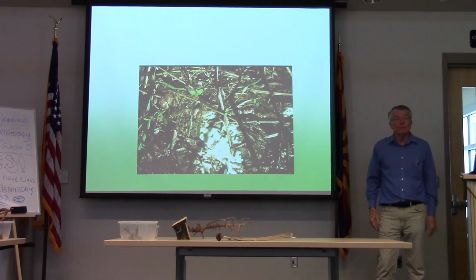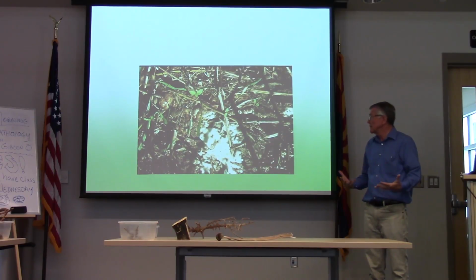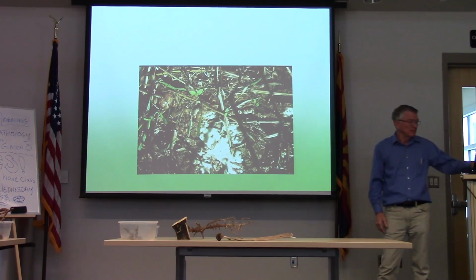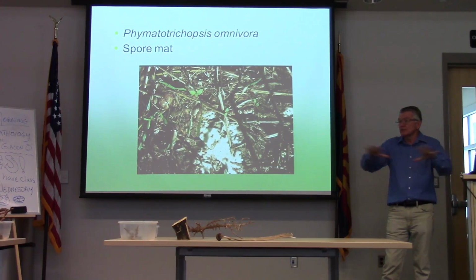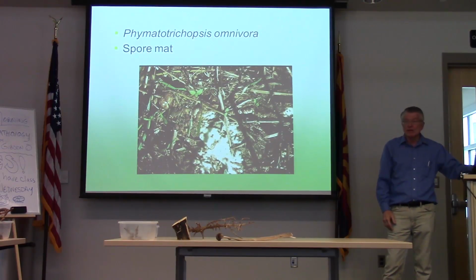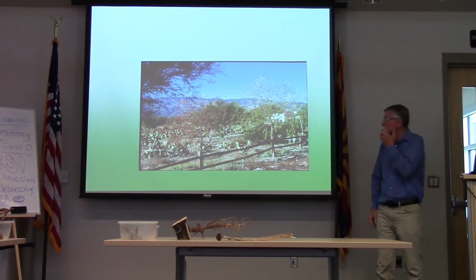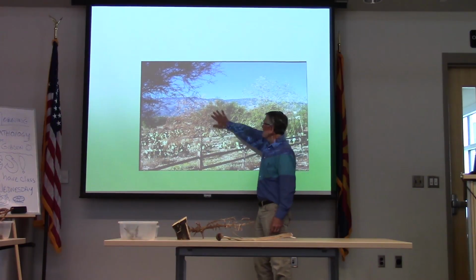You only see the spore mats when it's really humid and hot. Very rare do we see them, but every once in a while they'll show up. This is a spore mat where it reproduces. It comes out of the ground, forms the spore mat, makes the spores, and sometimes it'll make even the sclerotia, which carry it over.